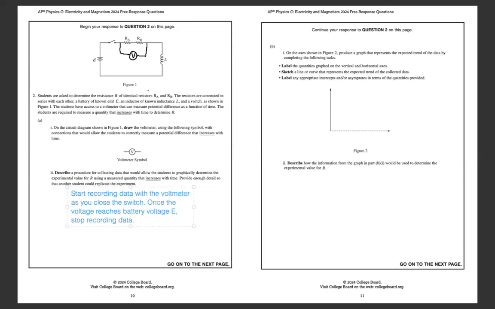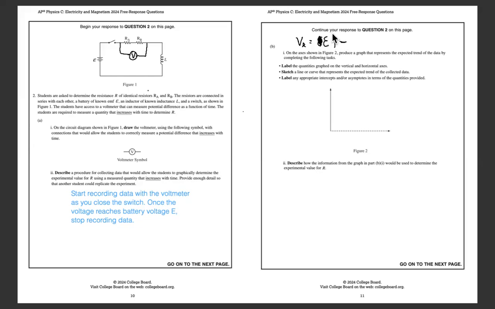Yeah, and then after that you can graph as well. All right. Okay, cool. So what should happen with the voltage across the resistors then? Well, it should start at 0 and then approach the battery voltage.